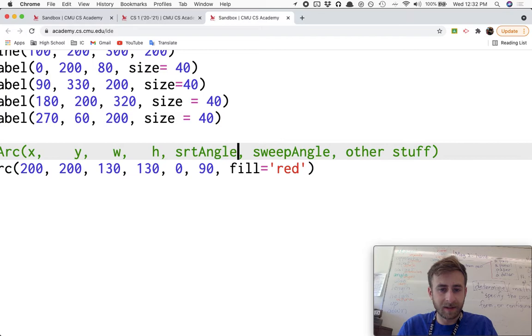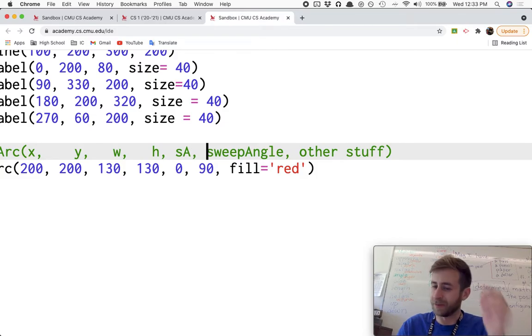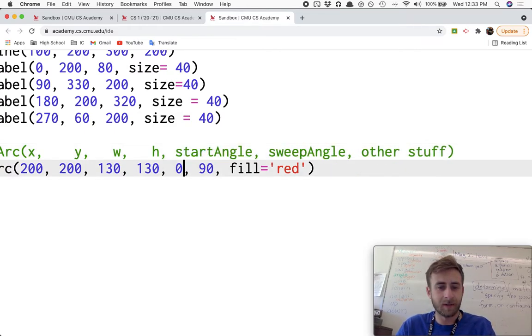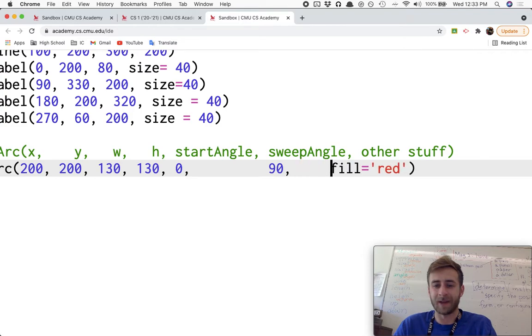Start angle and sweep angle are these next two. Oh, I know what I can do. I can do start angle and then just hit space a couple times, and then I get to sweep angle over there, and then the other stuff is over here. I definitely wouldn't write it like this normally, but just to make it easier for us to see.